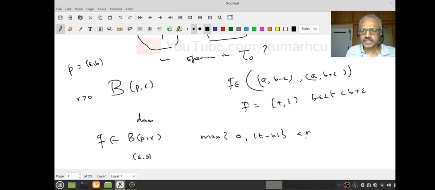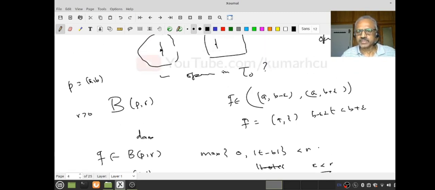You understand that? But what do I know? Mod t minus b is less than epsilon. Therefore, what I need is that epsilon should be less than r. Therefore, if I choose any epsilon less than r, this basic open set, which I am calling U(P, epsilon), is contained in B(P, r). You follow that?